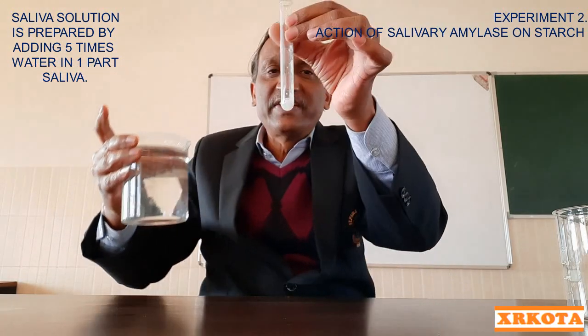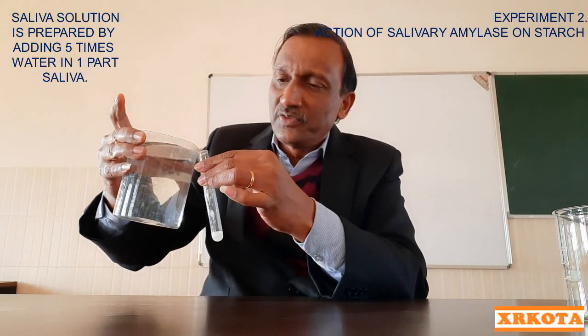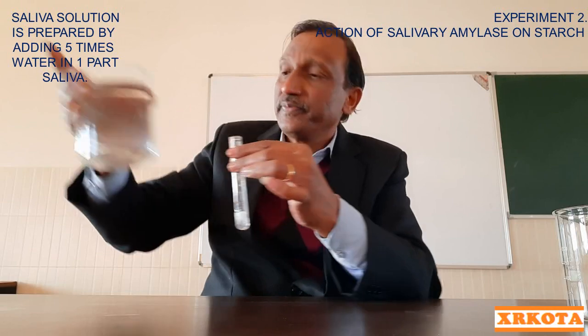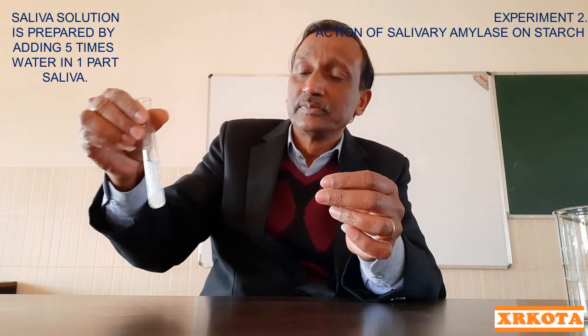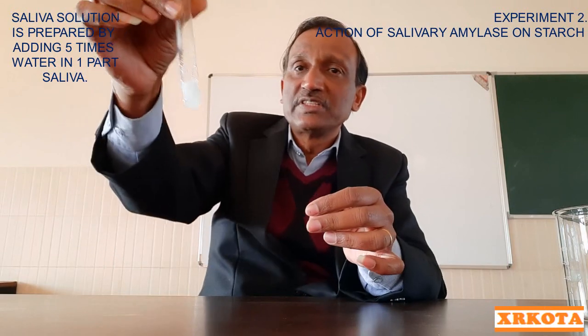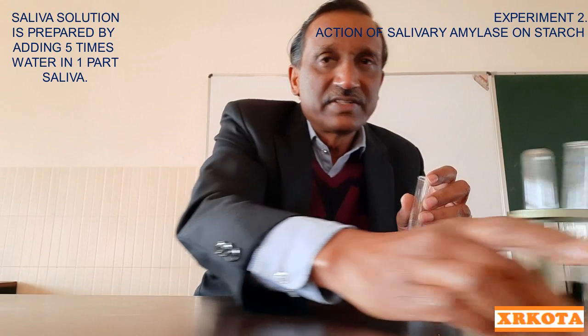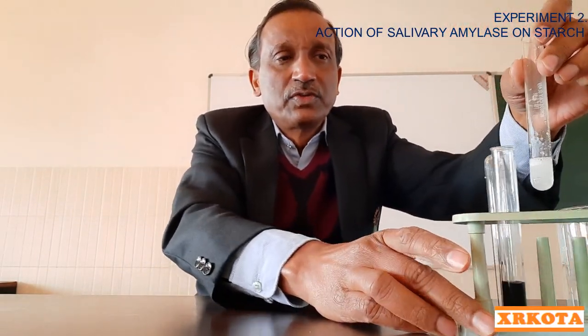We have to add 5 times the quantity of saliva in water. So here we go, this is 5 times. This is what you call saliva solution. I keep the test tubes in front of you so you can make it out.